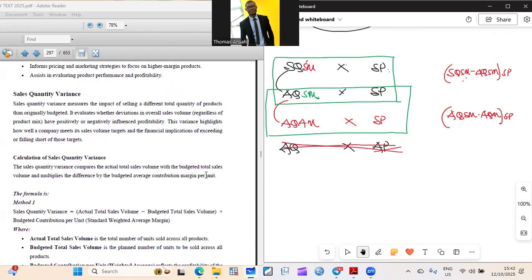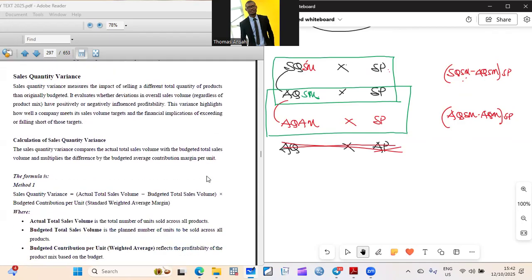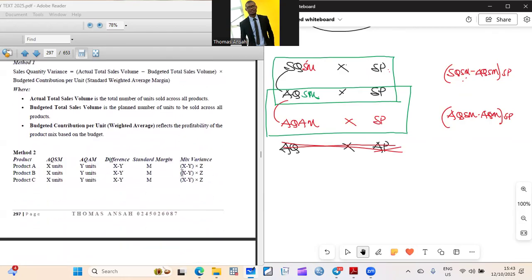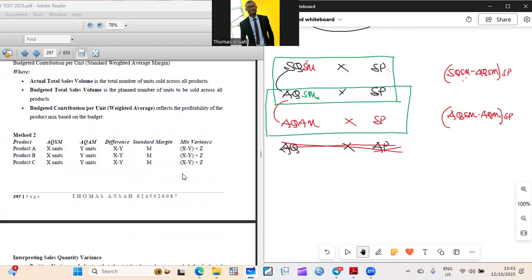So we will need to solve a question. Everywhere you see standard quantity, it has to be flexed. All right. So we said this side is for what?